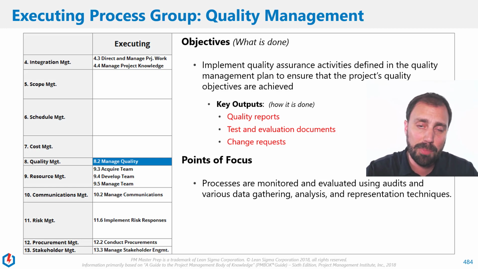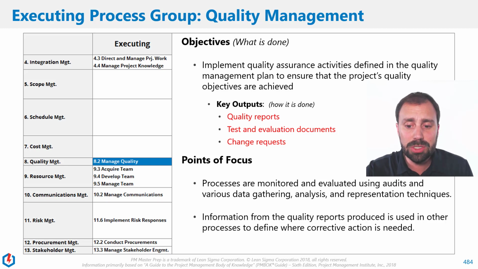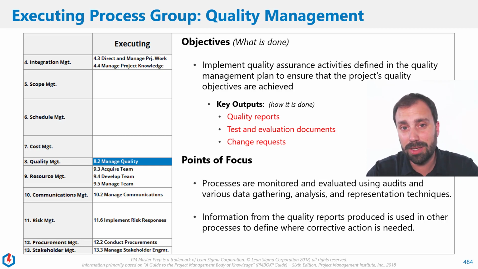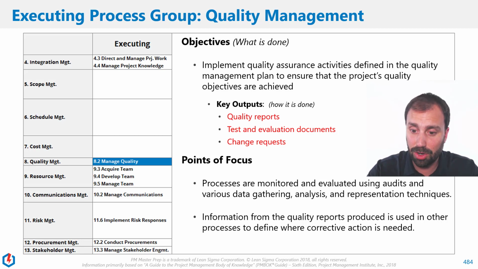All right. And a lot of the information that it produces is going to help inform a lot of different processes. It might generate change requests that impact the way we do work. It might bring up things that should be put on the issue log or the lessons learned. Something worked really well or something didn't work well, we put on the lessons learned.